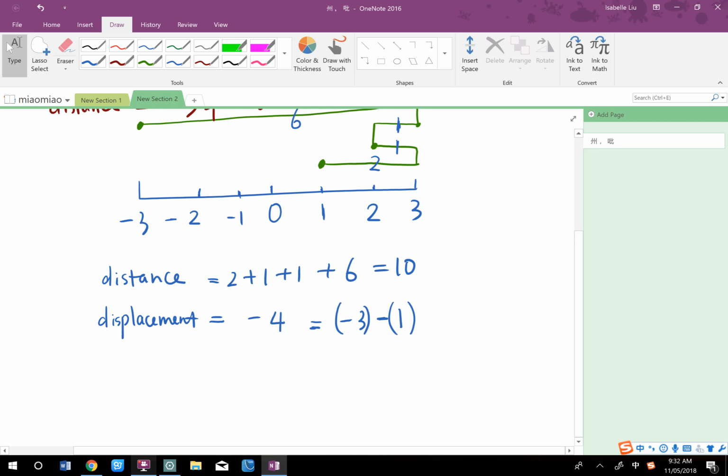I subtract the starting from the final, which gives me the total displacement. Basically it's about the change in my position. I've changed 4 units but to the left hand side. That's my displacement. That's the difference between displacement and distance.